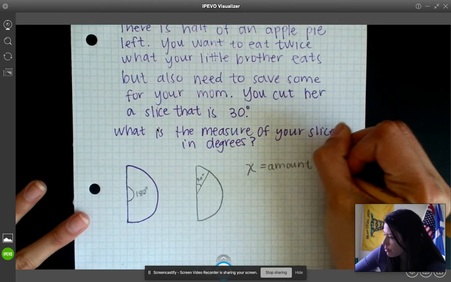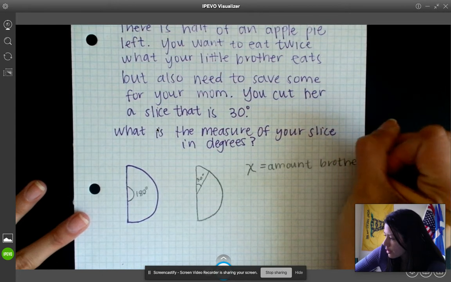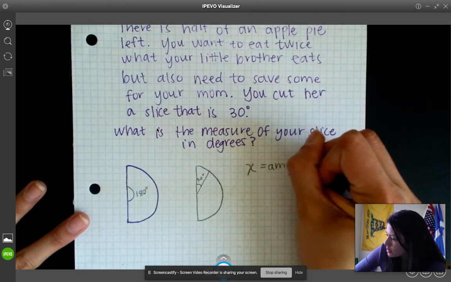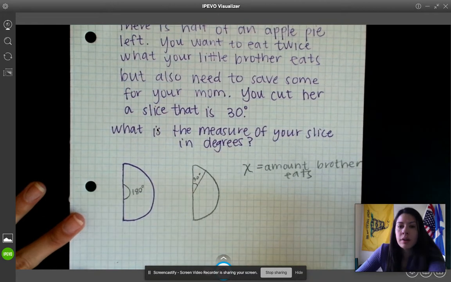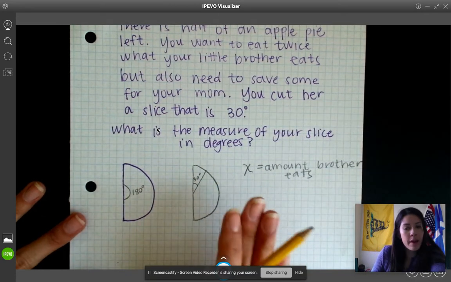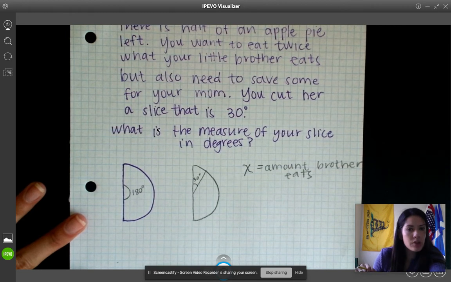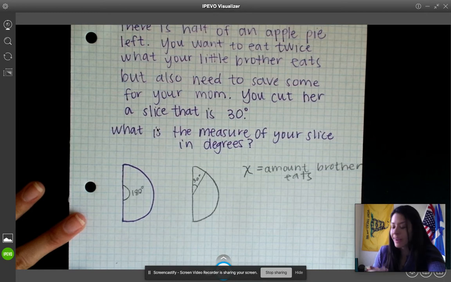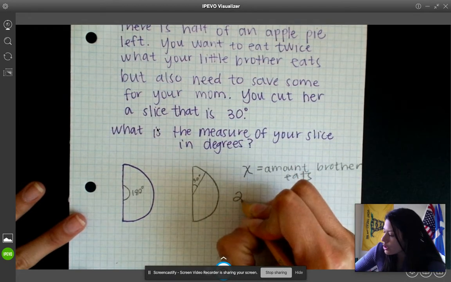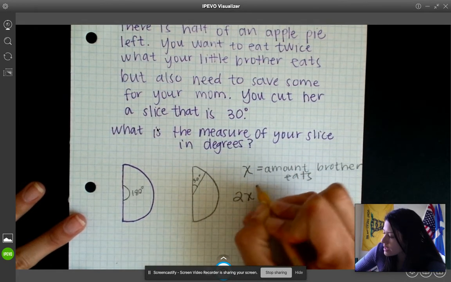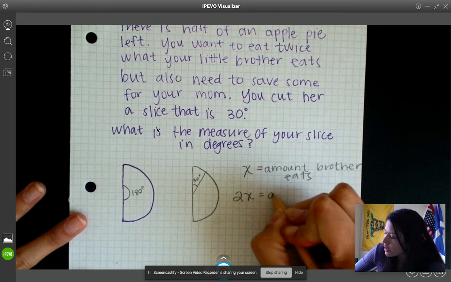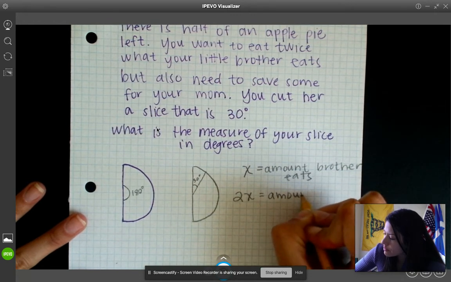You want to eat 2 times as much, which would be 2 times x. So 2x is going to equal the amount that you eat.